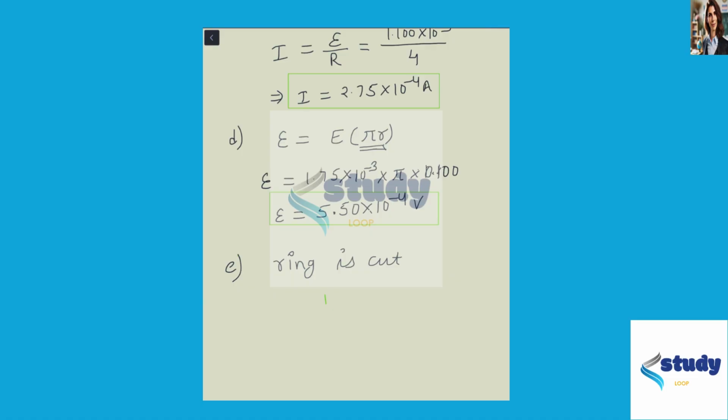After cutting the ring, the induced EMF will be equal to the EMF obtained in part C, which is equal to 1.10 multiplied by 10 to the power minus 3 volt. So this will be the answer for the last part.